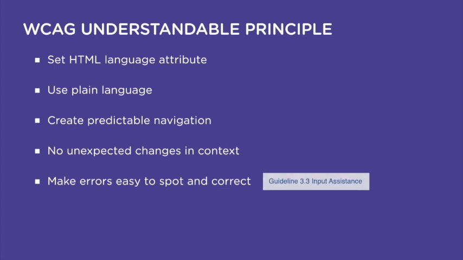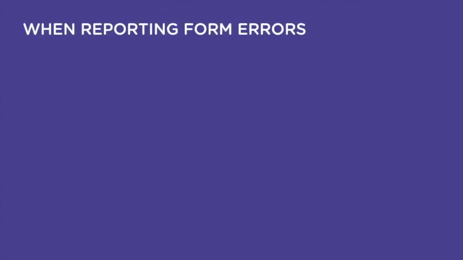The final understandable guideline is called input assistance. Users sometimes make mistakes, no matter how well designed the web form or interface. Prevent frustration by making errors easy to spot and correct. A Nielsen-Norman Group article linked in the teacher's notes offers 3 principles for error reporting in forms.